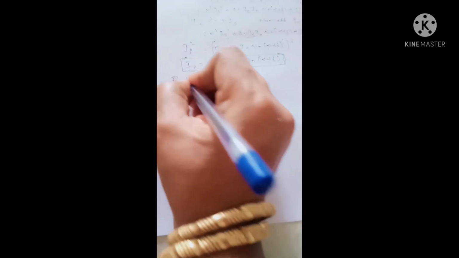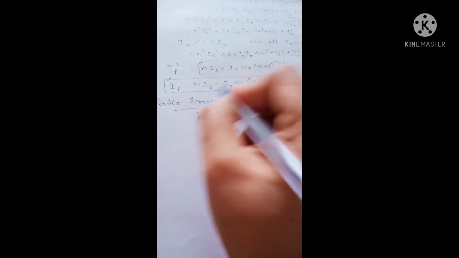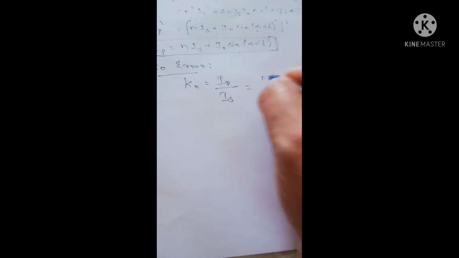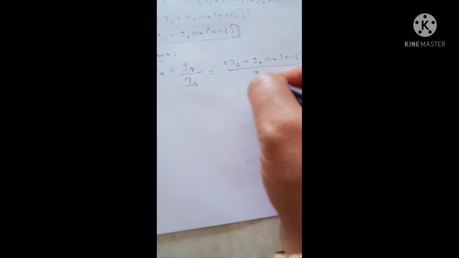So what is ratio error? Ratio error is nothing but Kn is equal to Ip by Is. So what is Ip? We have derived nIs plus I naught sine of alpha plus delta divided by Is.